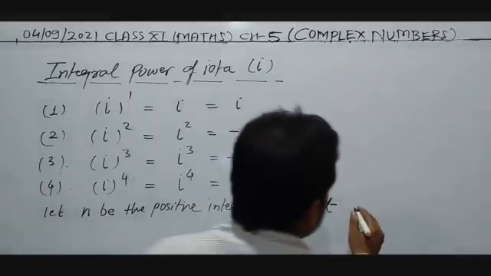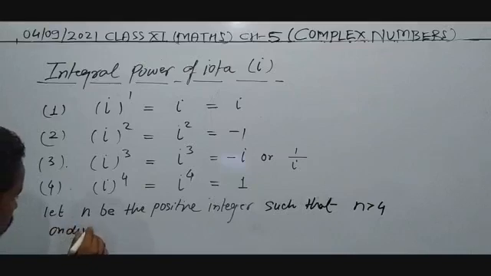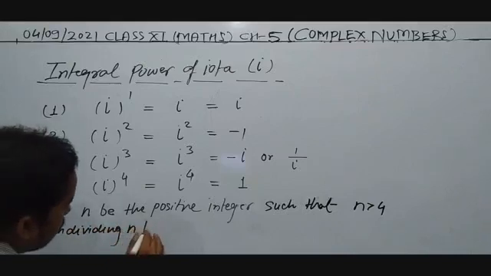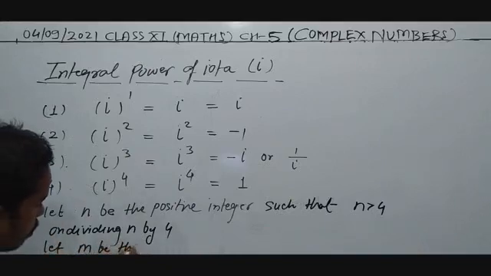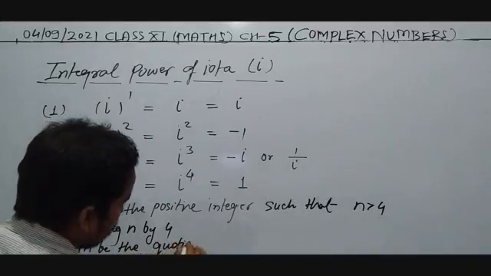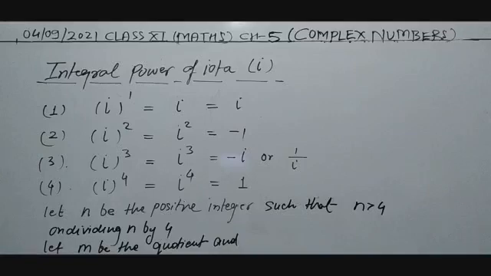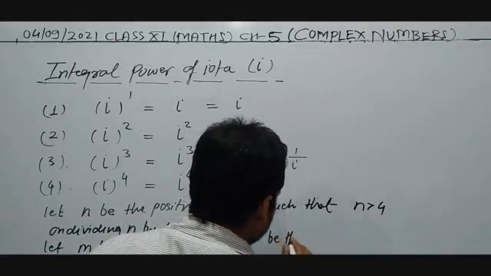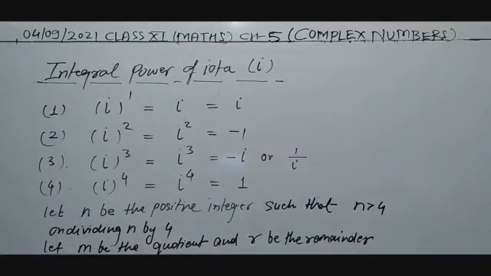On dividing n by 4, let small m be the quotient and r be the remainder.